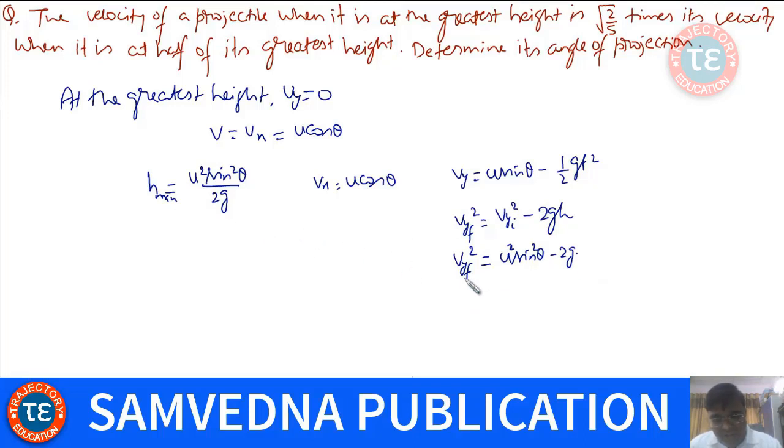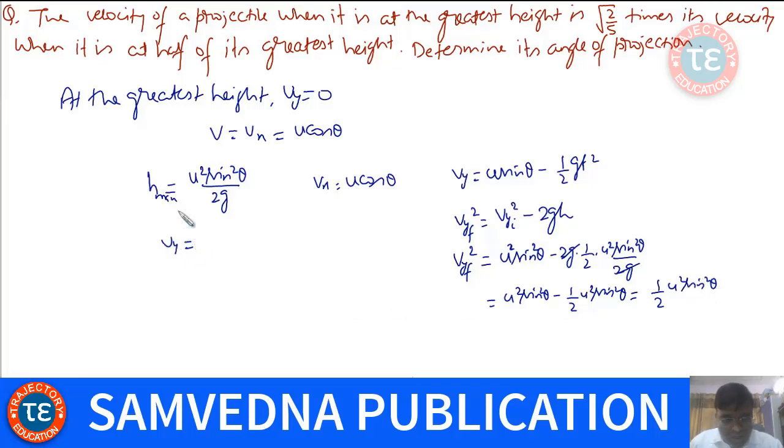I want the value of Vy at half of H max. So half of H max is 1 by 2 of U square sin square theta upon 2g. So 2g will cancel out over here, and what is left is 1 by 2 U square sin square theta.